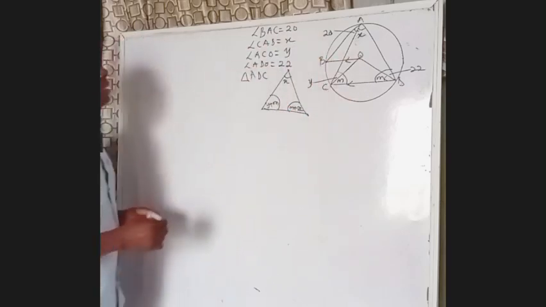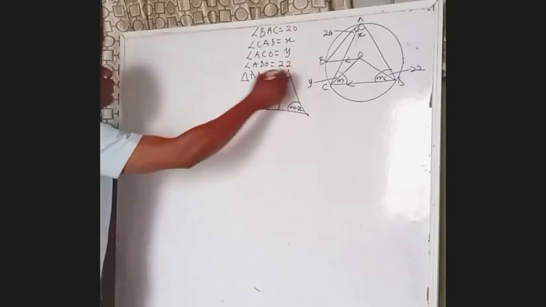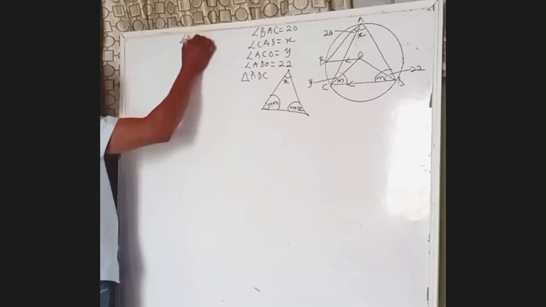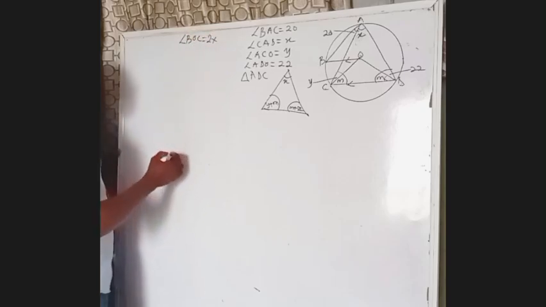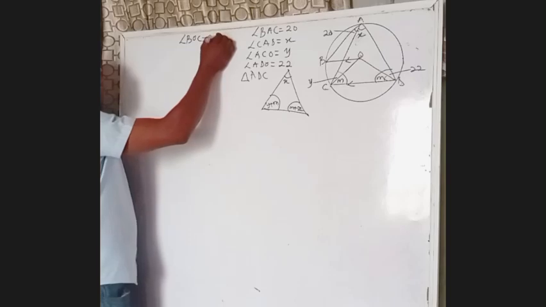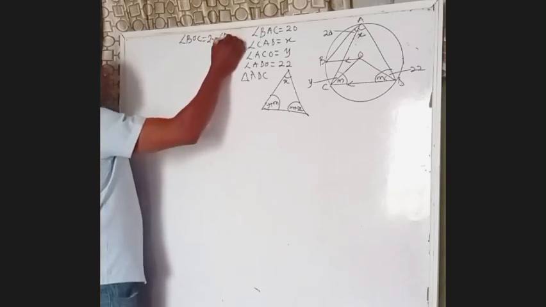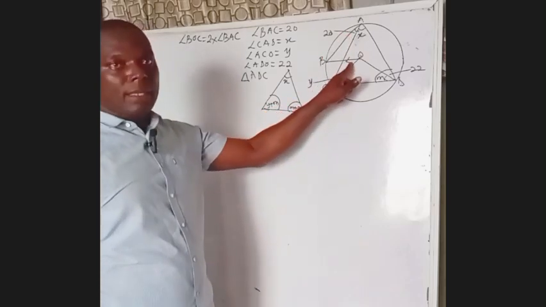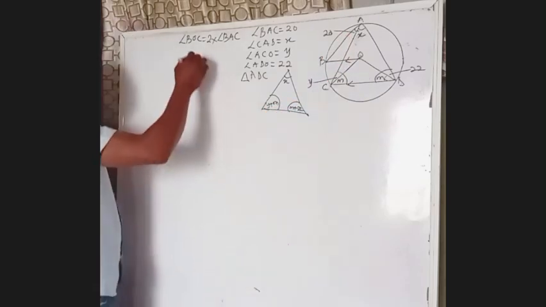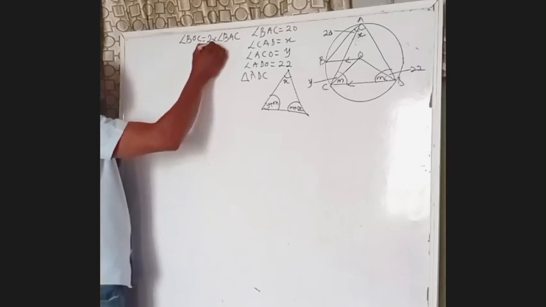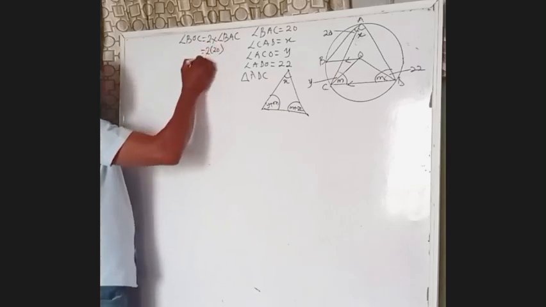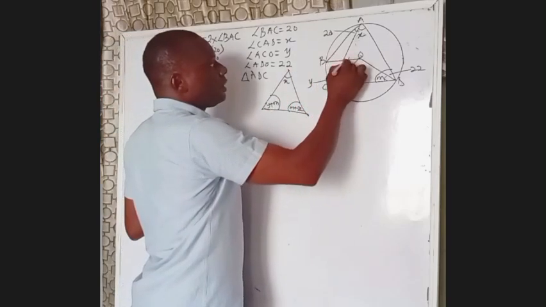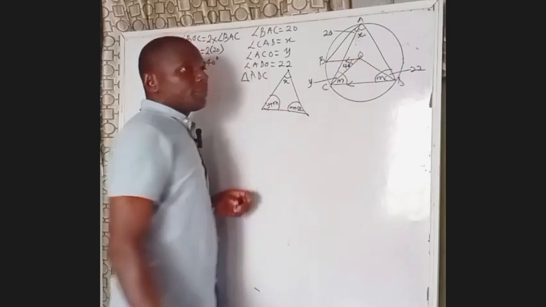So we can simply say that angle BOC is 2 times angle BAC, because the angle at the center is twice the one at the circumference. So this becomes 2 times 20, which gives us 40 degrees. So this particular angle here is 40 degrees.